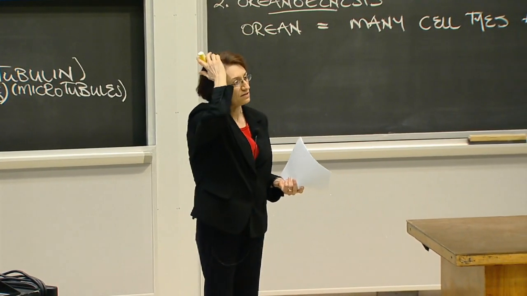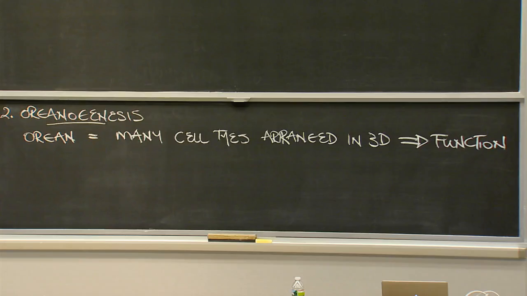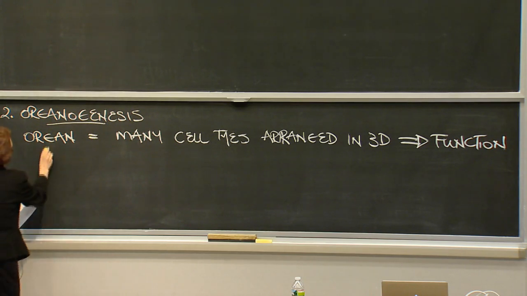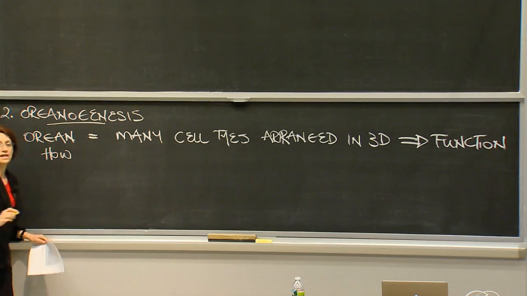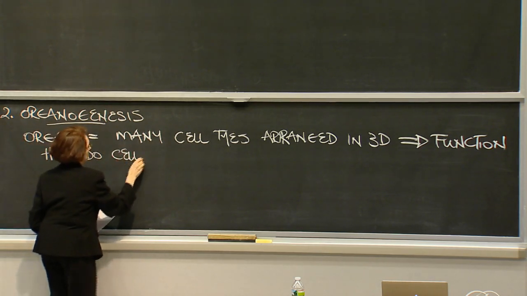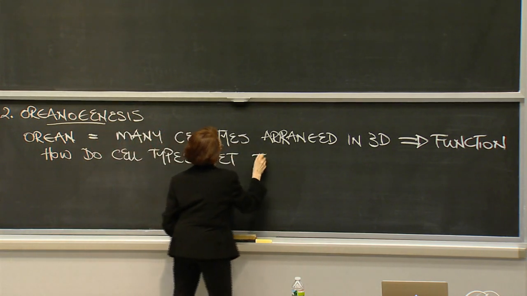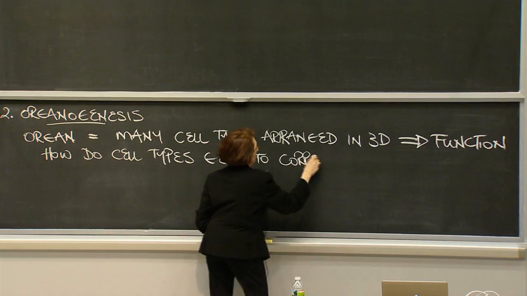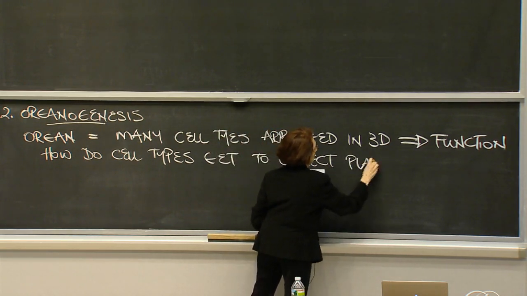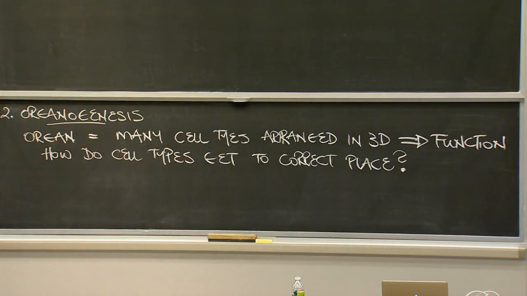All of these things require both the correct cell types and 3D organization. And just this phrase raises two questions. How do cell types get to the correct place? And how are they put into the correct structure?